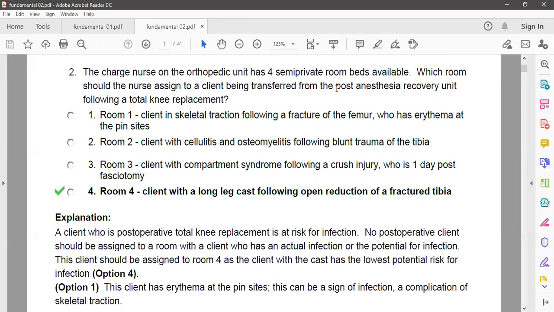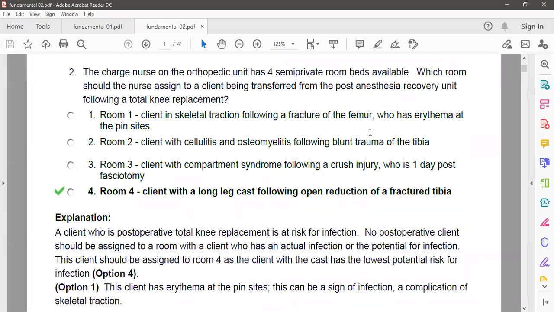They said, which room should the nurse assign the client being transferred from the post-anesthetic recovery unit following a total knee replacement? So room 1, the client is in skeletal traction following a fracture of the femur.